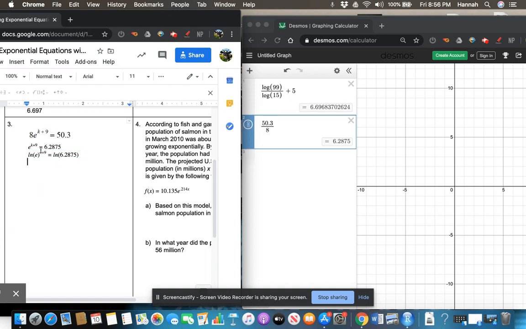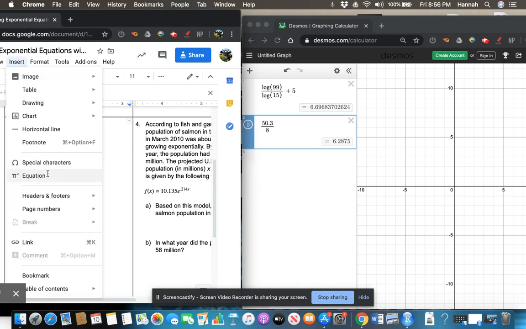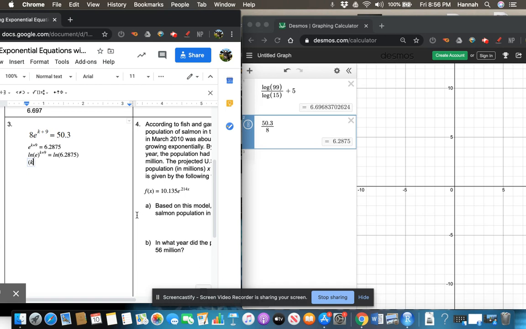My life just got a whole lot easier because now what can I do? Well, one of my logarithm rules tells me that if I have an exponent, I can swing it up front. Having an exponent is the same thing as multiplying or distributing to the whole expression. So my next line would look like this. I'd have k plus 9 times natural log of e equals natural log of 6.2875.